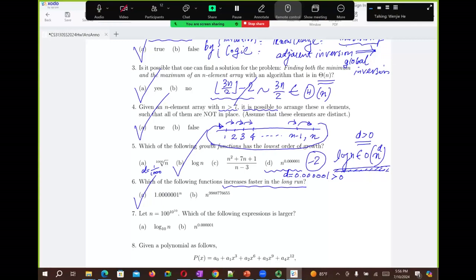So for this one, we need to use another important result we derived in class. The power function n to the d, where we require d positive, belongs to little o of the exponential function a to the n, with the base a strictly greater than 1.